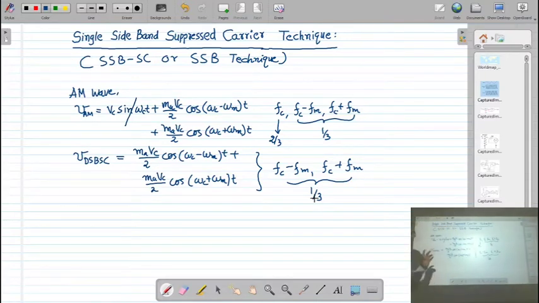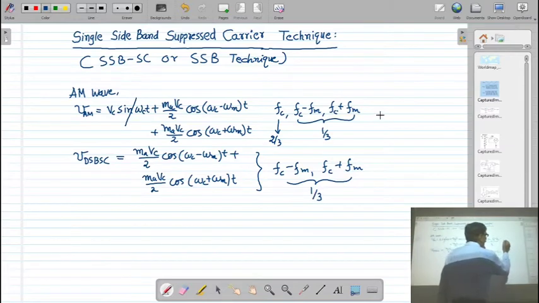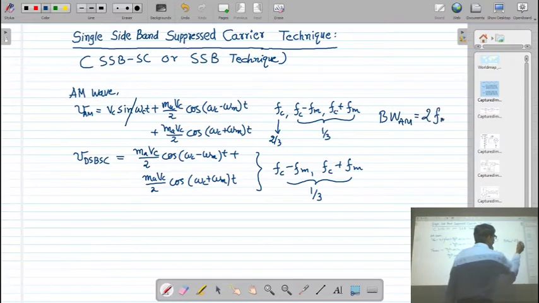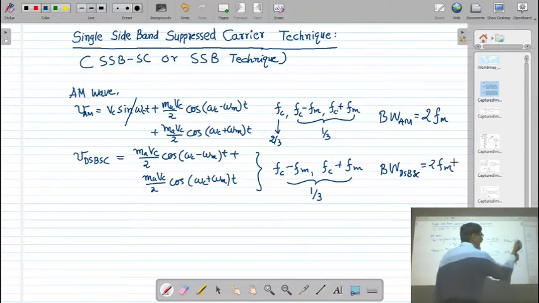Now if we look at both the techniques and calculate the bandwidth, we have already calculated that the bandwidth for AM is 2 Fm. In case of DSBSC also we have calculated the bandwidth, and here also it is 2 Fm.